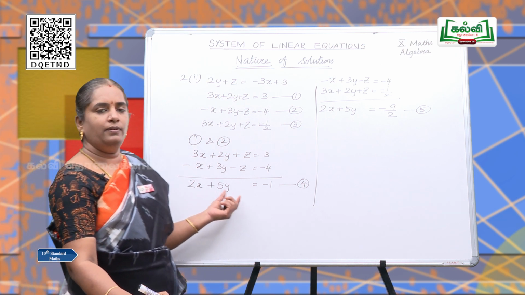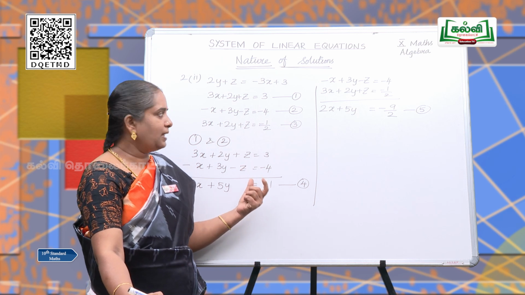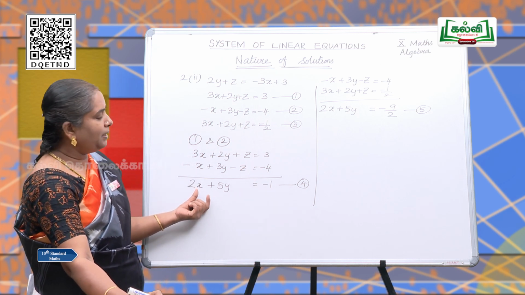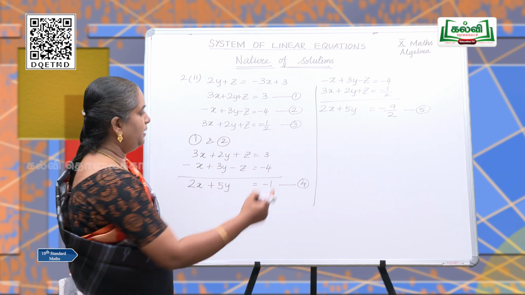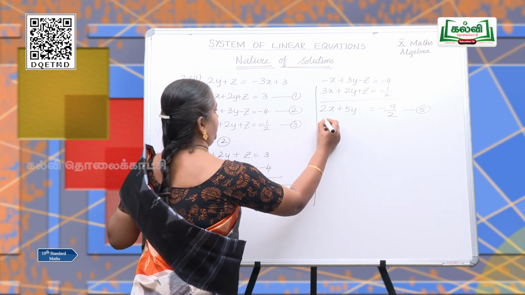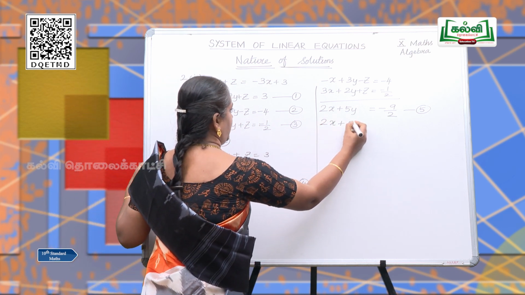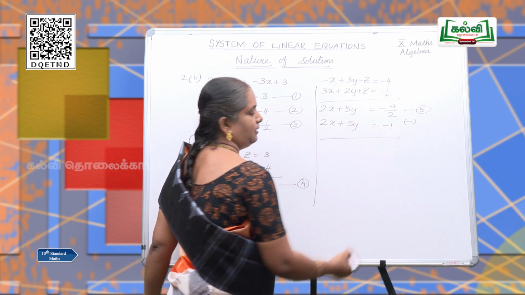These two have x and y as variables. Let us eliminate x or y. What can be eliminated? y can be eliminated by subtracting. Let us subtract the fourth equation from the fifth one. 2x plus 5y is equal to minus 1 is to be subtracted.